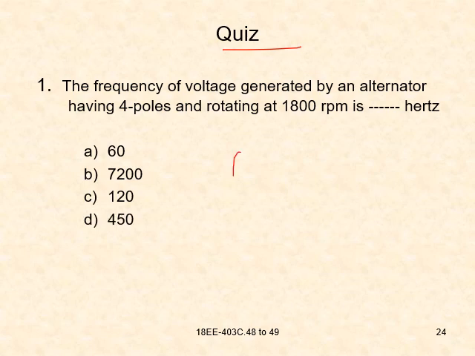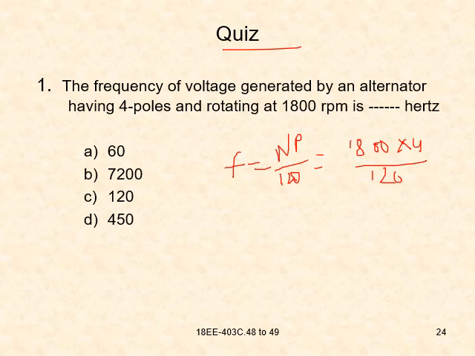We can simply calculate by using the formula F is equal to NP by 120, where we have N, the speed, of 1800 into P of 4 by 120. We get the zeros cancelled, 4 threes are 12, 3 sixes are 18, and 60. The answer is 60 hertz. So this is the right answer.